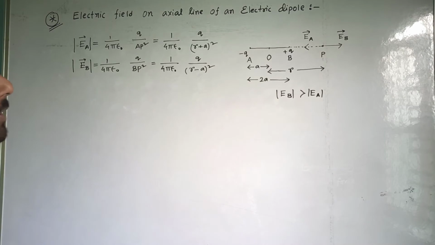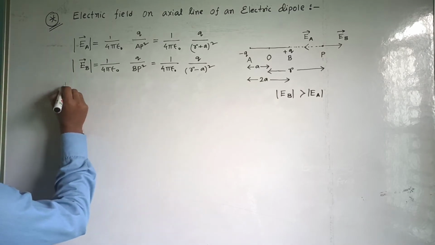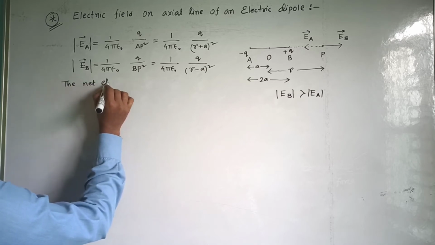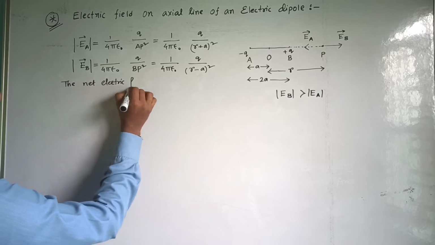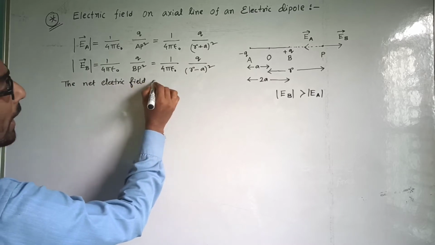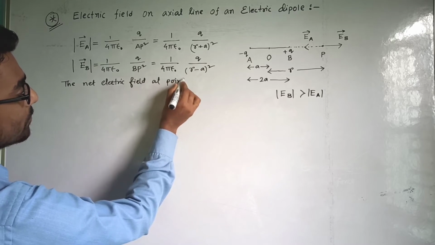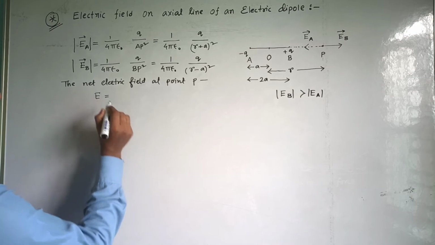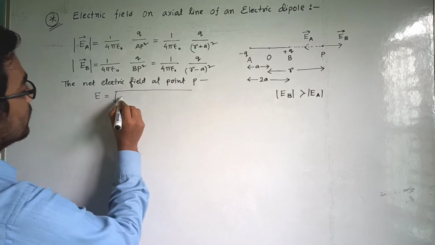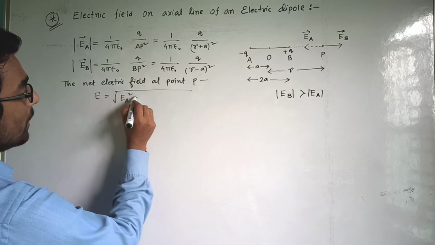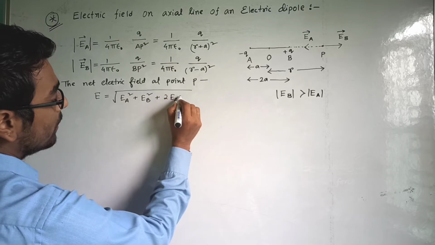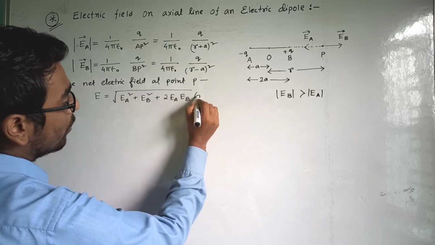Now if we solve vectorially, the net electric field at point P will be E is equal to root over EA square plus EB square plus 2 EA EB cos theta.